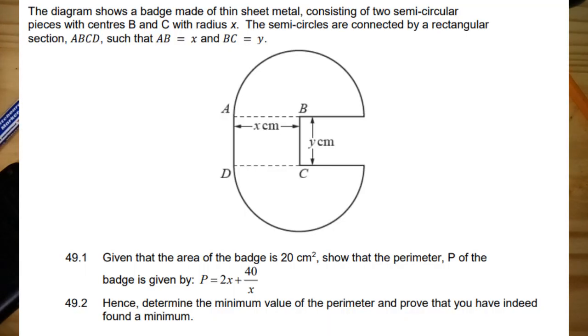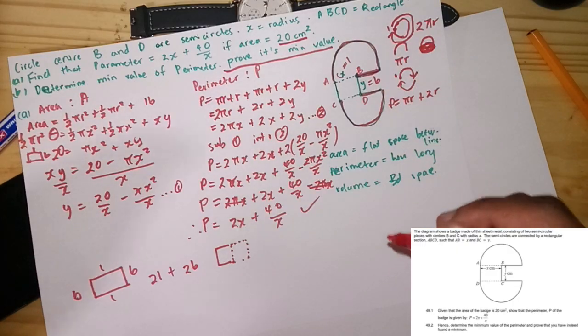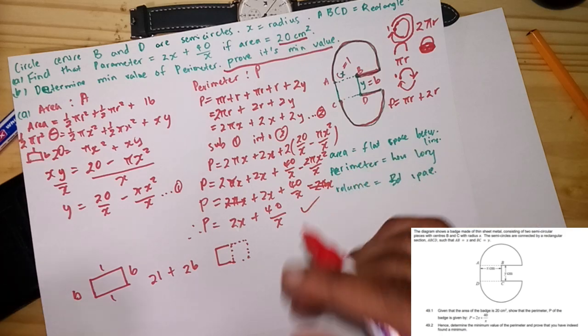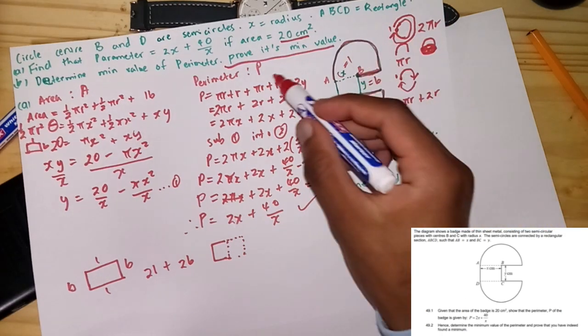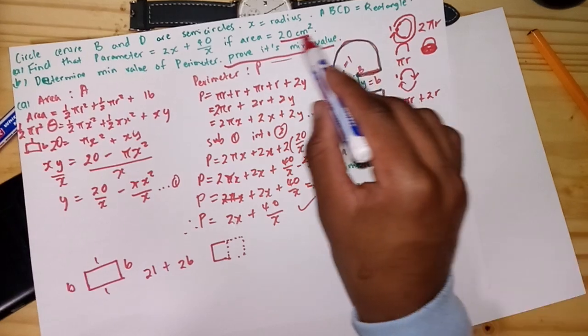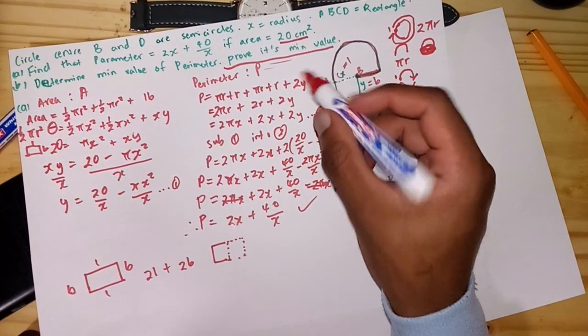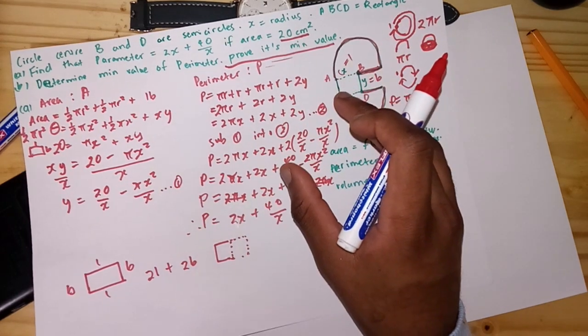Now let's move on to the other question. Okay, so this is it. I would advise that you take a screenshot or write down the question. I'm going to place the question on the screen so that you can take a screenshot or write it by yourself. But the main thing we're going to focus on is this primary thing right here, proving its minimum value, because that's a term that may be very confusing.